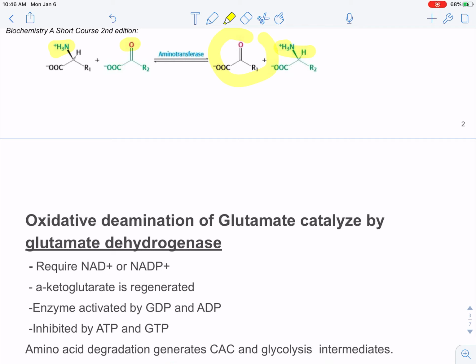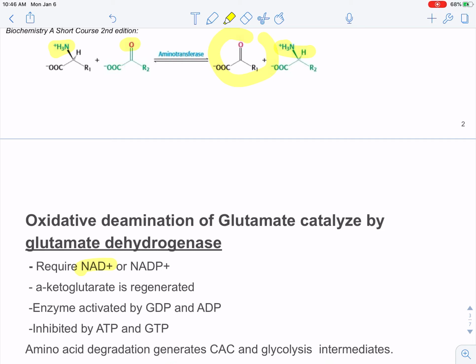Now let's talk about the oxidative deamination, which is catalyzed by glutamate dehydrogenase. Anytime you hear of dehydrogenase, you'll be talking about transfer of protons and therefore electrons. This requires electron carriers, NAD plus and NADP plus, and the process leads to regeneration of the alpha ketoglutarate.